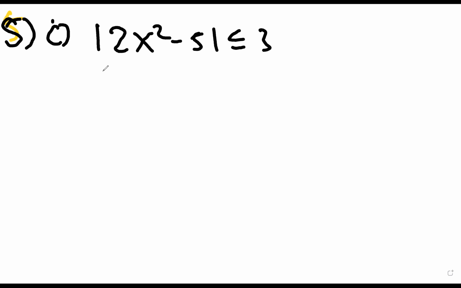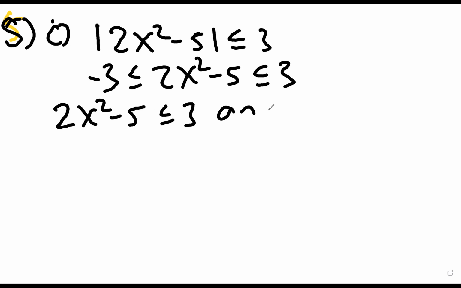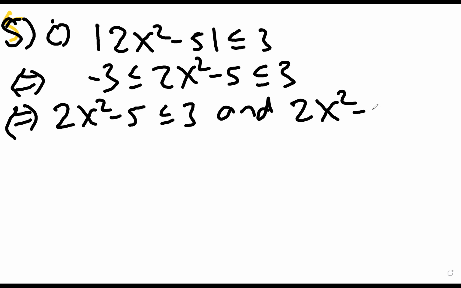Here we have 2x squared minus 5 is in between minus 3 and 3. So the meaning is that we have 2x squared minus 5 is less than or equal to 3, and, I will use the implication sign there, 2x squared minus 5 is greater than or equal to minus 3.